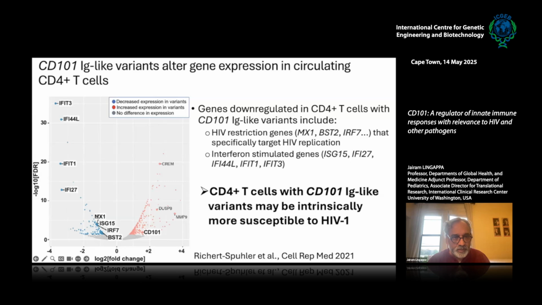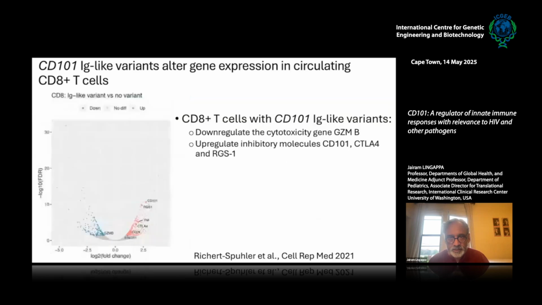These are all HIV restriction genes that restrict or target HIV in the cell. These are all expressed at lower levels in individuals with the variants compared to those people without variants. So CD4 T cells may be more susceptible because they are expressing less of these restrictive genes.